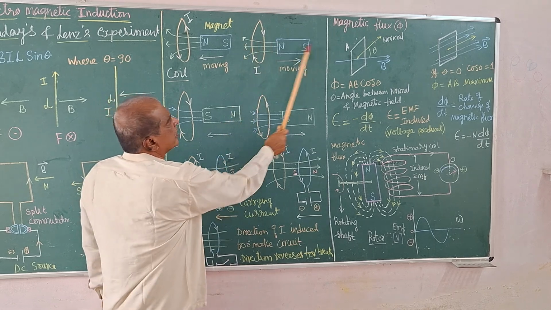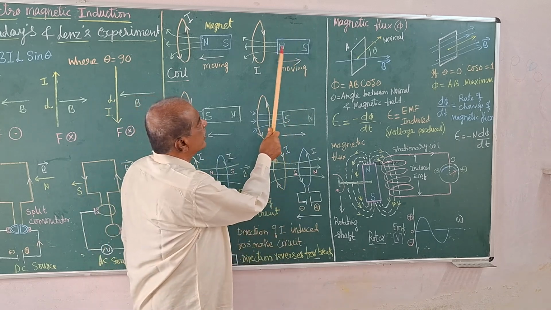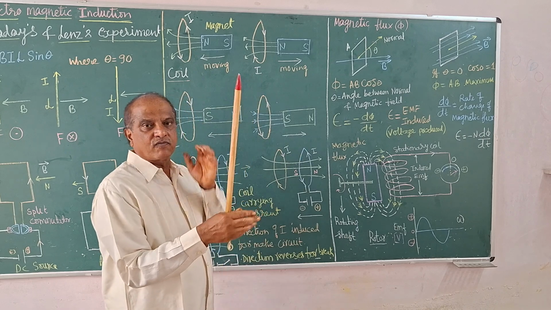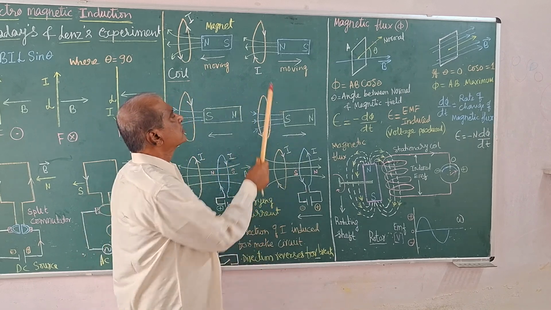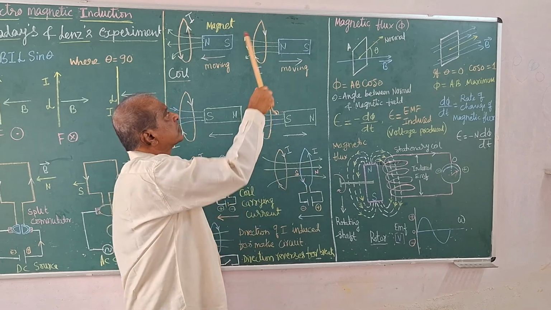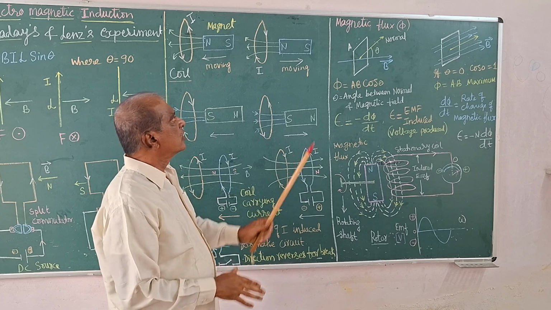That is, decrease means it will increase the magnetic field. While moving away, magnetic flux decreases but it tends to increase the magnetic field. That is why current is induced. The induced current is in the opposite direction, which tends to attract the magnet.